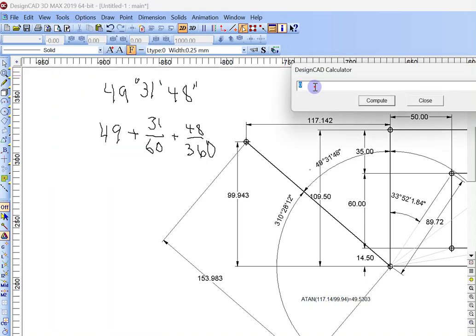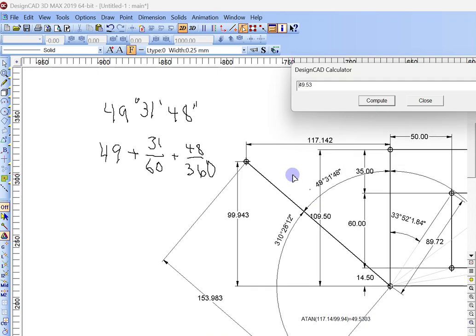I'm going to go 49 plus 31 divided by 60 plus 48 divided by 3600. And this knows to do the multiplication and division first and then the addition. PEMDAS. Compute. And it's giving me 49.53.